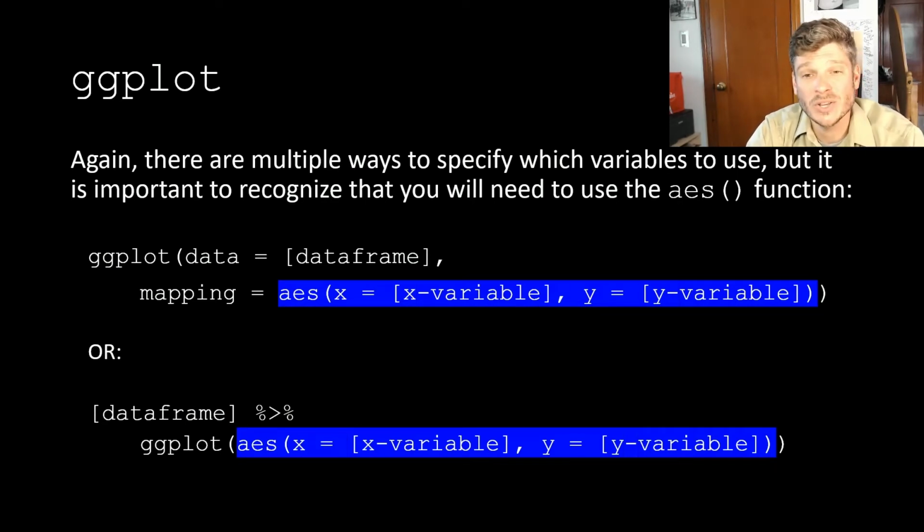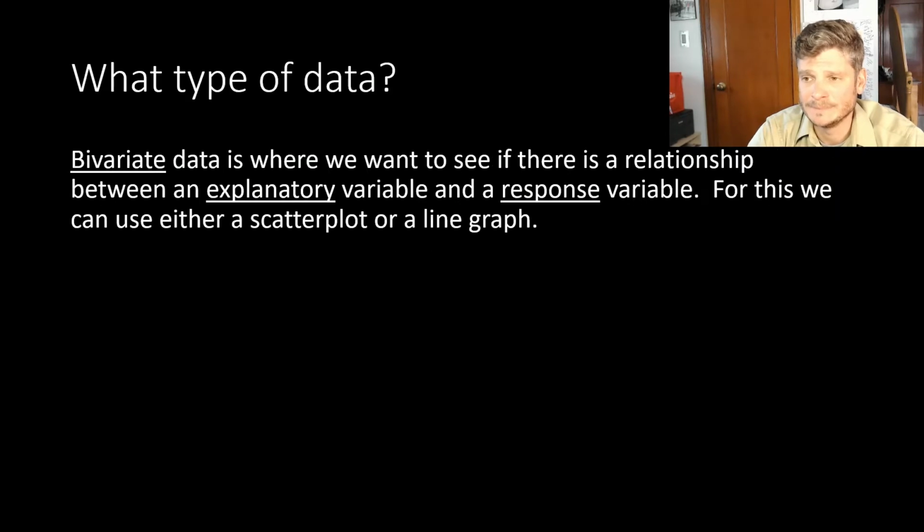And so that's one of the nice things, but can also be frustrating, especially when you're first learning R, is that there's always going to be more than one way to do things. There's always going to be multiple ways that we can write our code and get the same exact results. And you have to figure out what's going to work best for you. But again, to define your axes, that is the code right there.